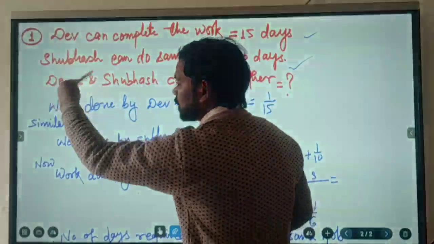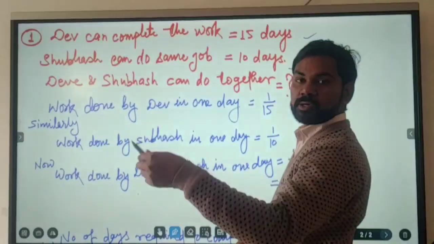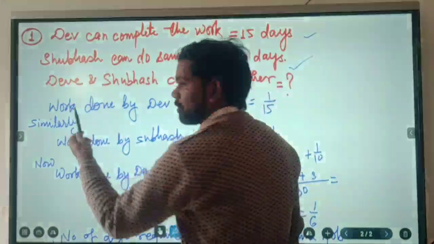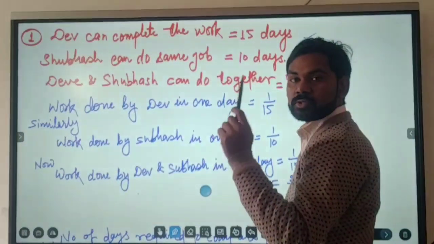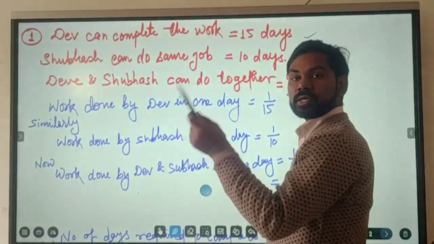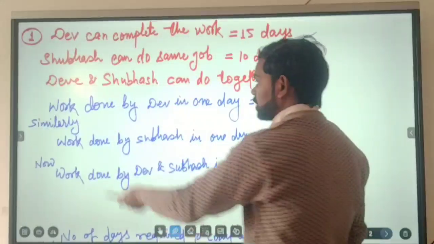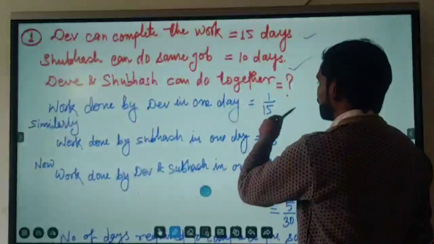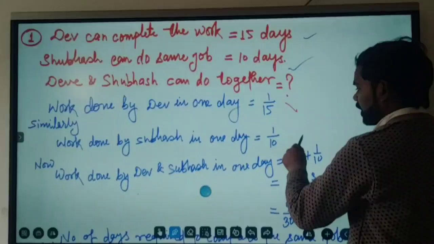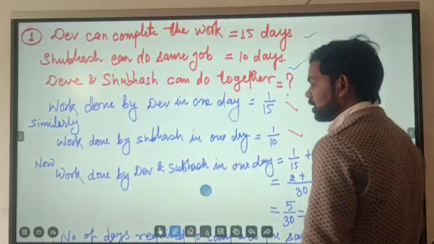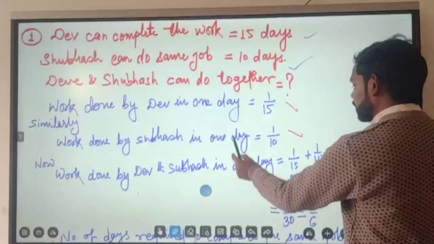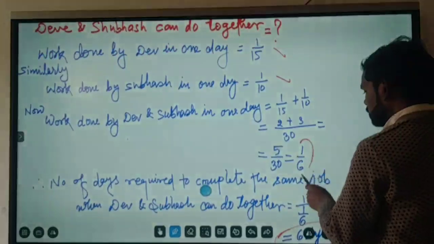So in order to find out the number of days to complete the task when Dev and Subhas work together, first of all we found the fraction completed by Dev and Subhas in one day separately. Work done by Dev in one day is 1 upon 15, and the work done by Subhas in one day is 1 upon 10. Therefore, the work done by Dev and Subhas in one day is 1 upon 6.